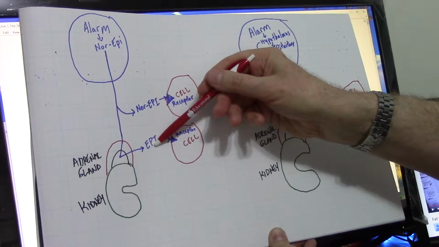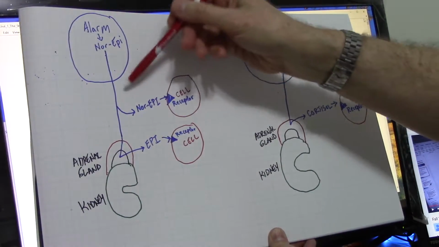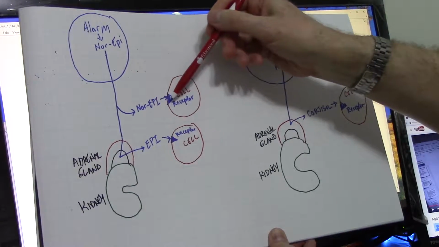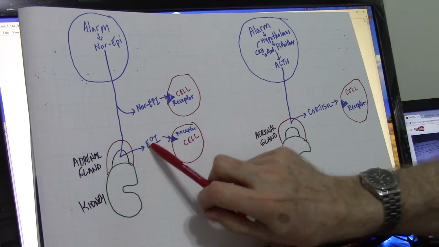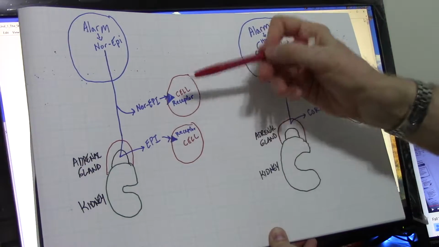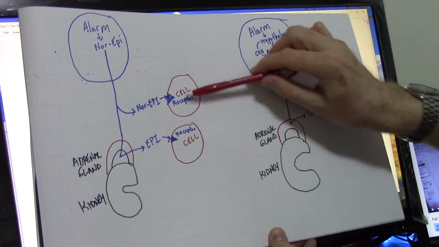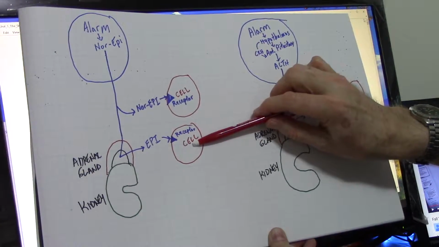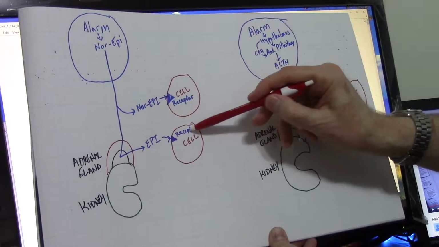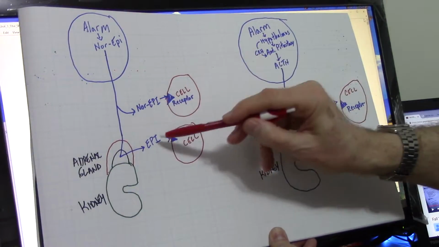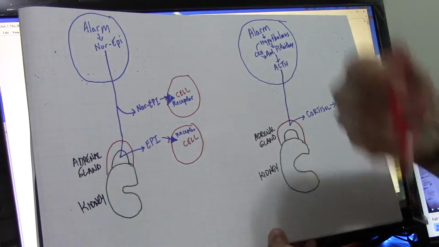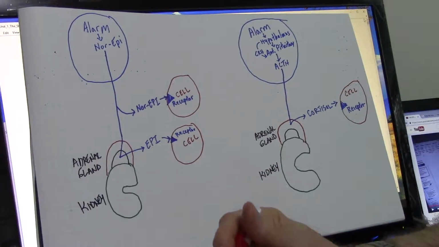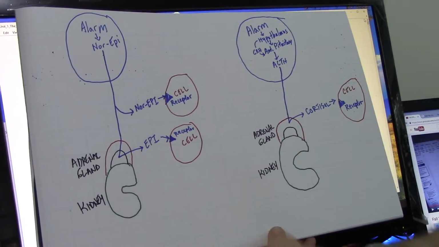Epinephrine will come into the bloodstream, as norepinephrine will also be transmitted through the nervous system. Both epinephrine and norepinephrine will reach cells throughout the body in various organs, and if that cell has a receptor for norepinephrine or epinephrine, that cell will be stimulated. Okay? That's just about how simple it is.